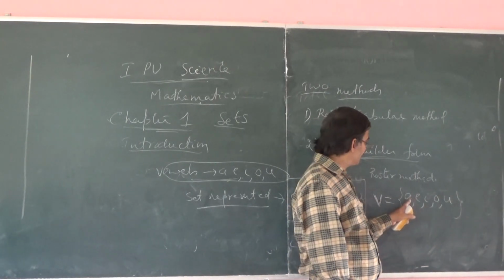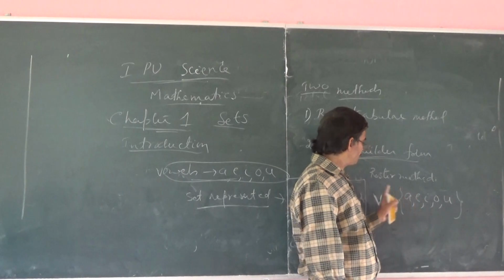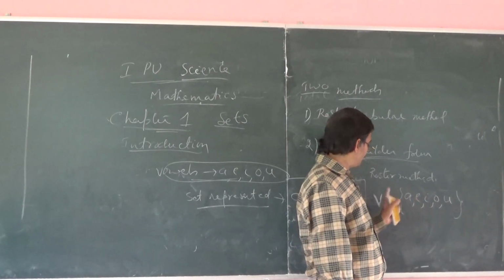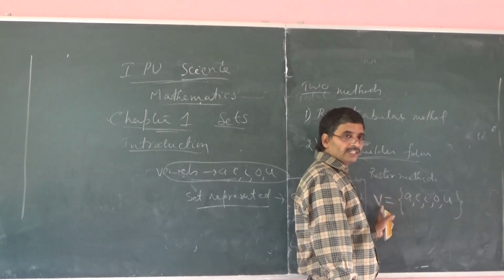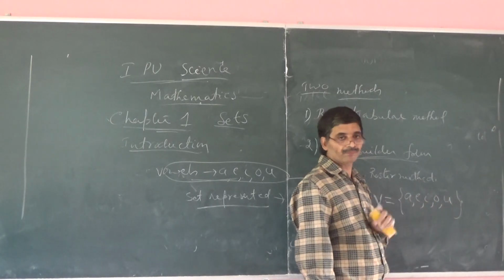I say that A is a member of B. E is a member of B. I is an element of B, and so on.